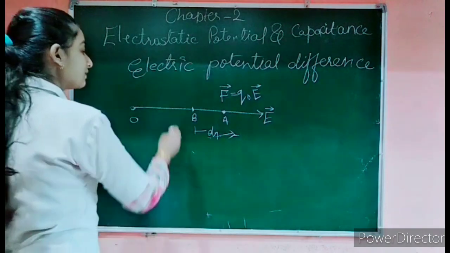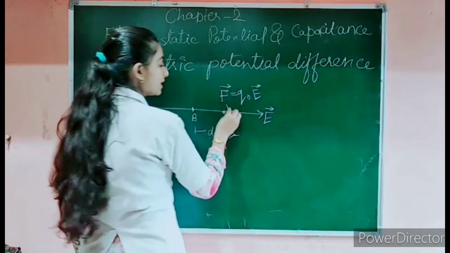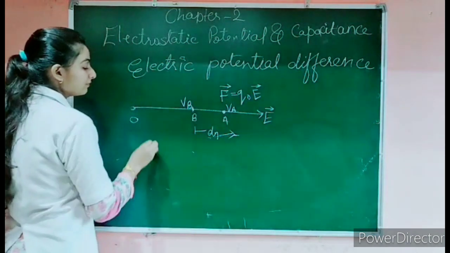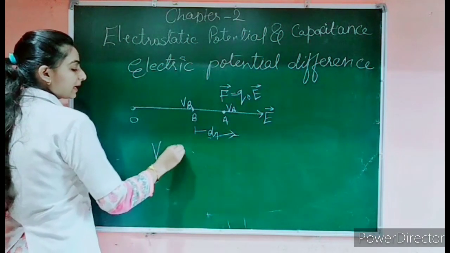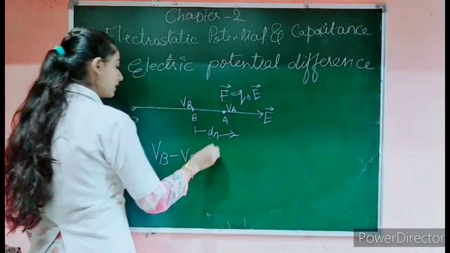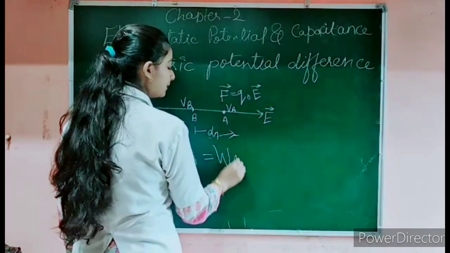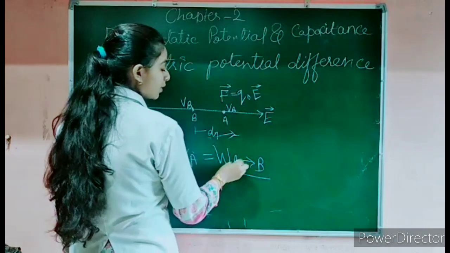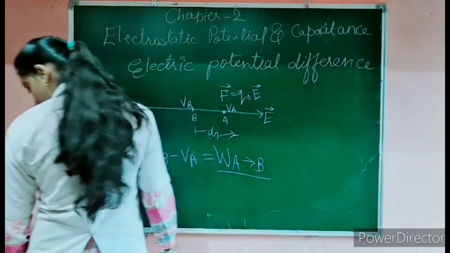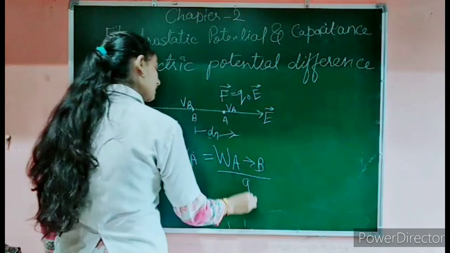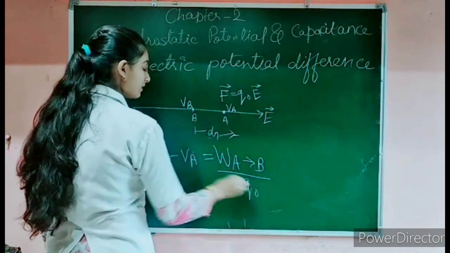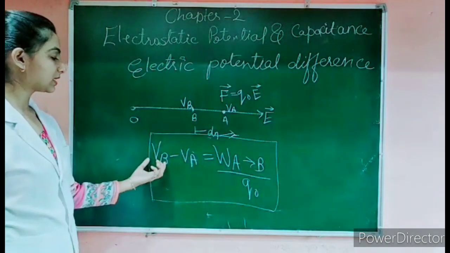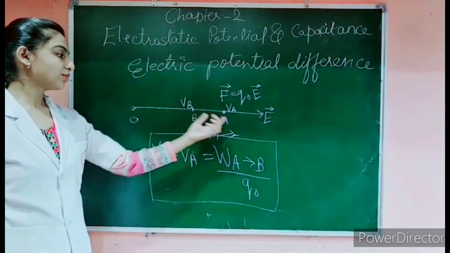Now the potential at A will be VA, and at B it will be VB. So VB minus VA will be equal to the work done in bringing a charge from one point to another per unit charge. This is our potential difference.